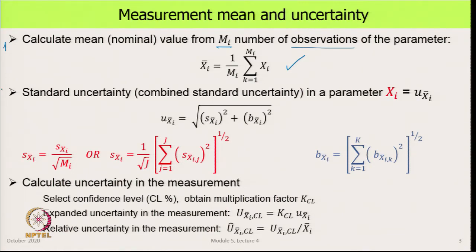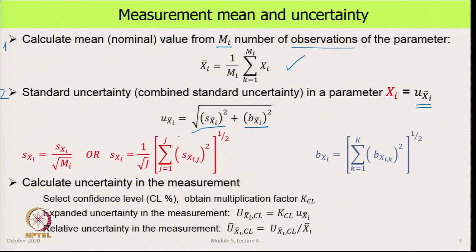Then we calculate the standard uncertainty or the combined standard uncertainty in the parameter, which is u of x_i bar. So, this is a standard uncertainty or standard error. We calculate it as the square root of the sum of the squares of the random standard uncertainty S x_i bar and the systematic standard uncertainty B x_i bar.